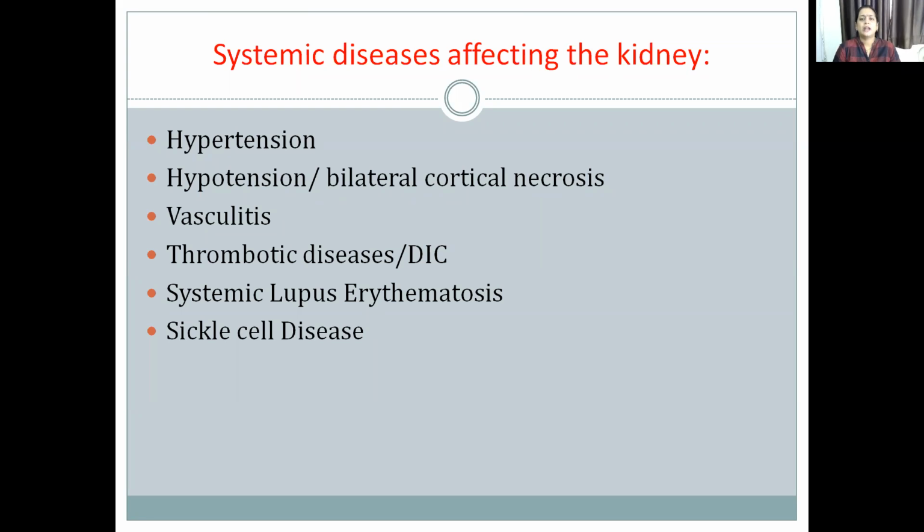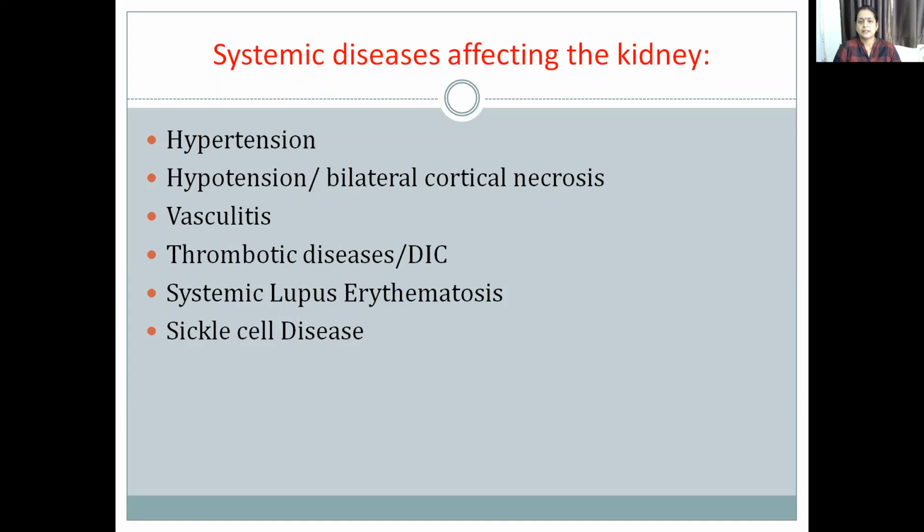Vasculitis, I told you, can be associated with rapidly progressive glomerulonephritis. We spoke about the immune type of RPGN, wherein vasculitis is one of the causes. Thrombotic disease and DIC, disseminated intravascular coagulation, can also affect the kidney. Lupus erythematosus with immune complex deposition can cause injury.